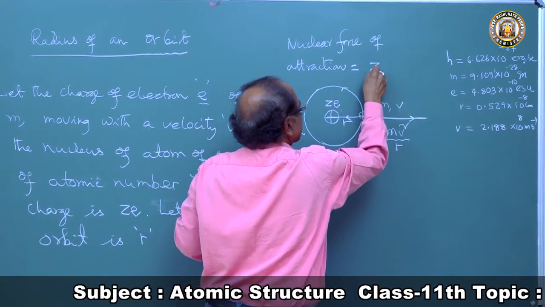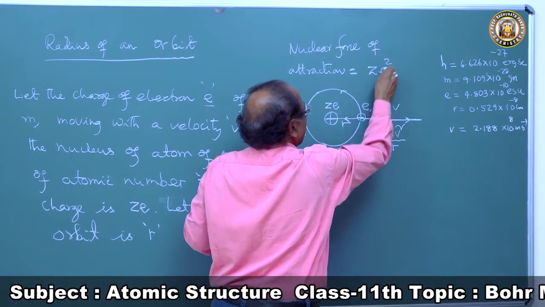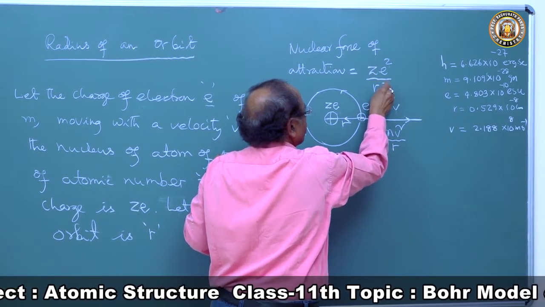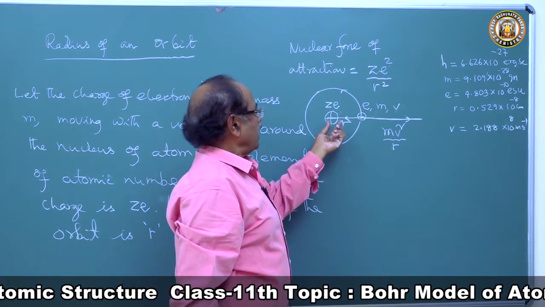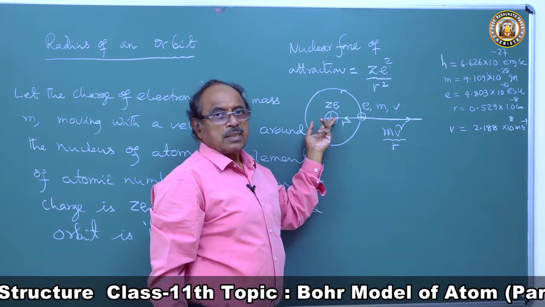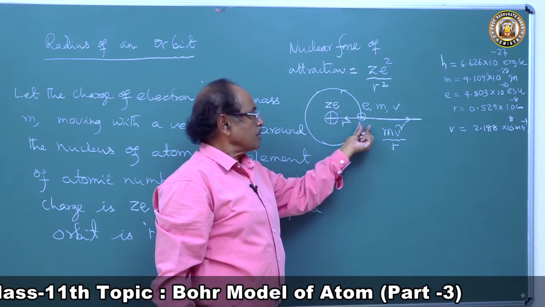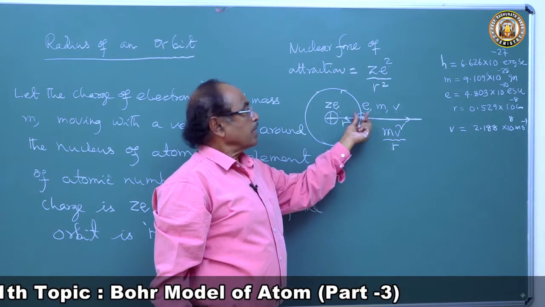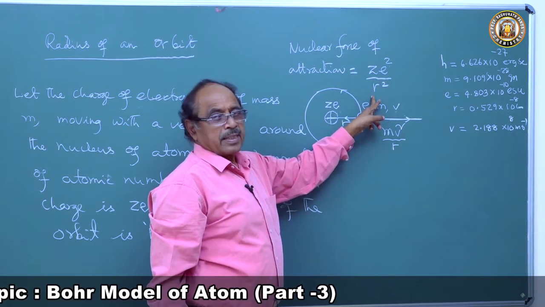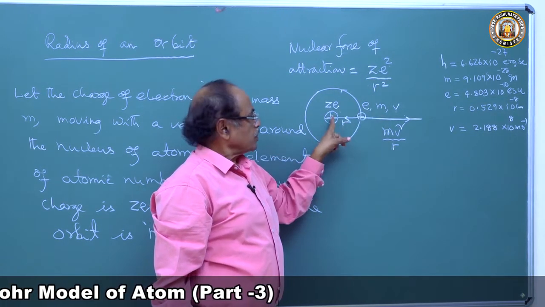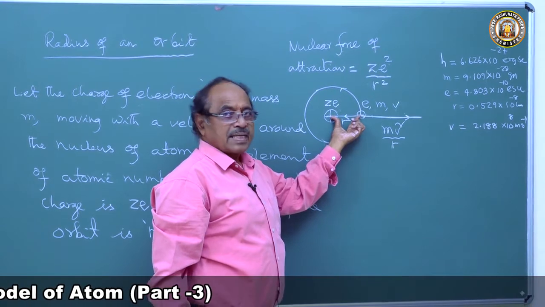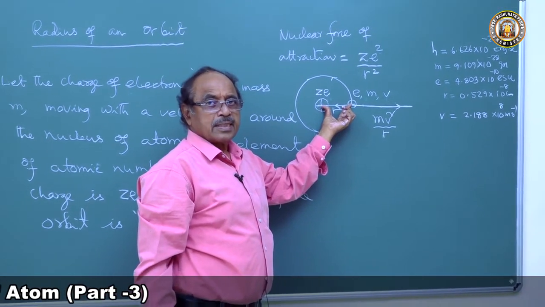Ze square by r square. This we know. Why? By Coulomb's law, the charge of the nucleus is Ze, charge of the electron is e, therefore Ze square by r square will be the force of attraction between the electron and the nucleus.